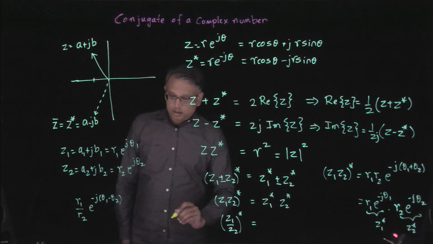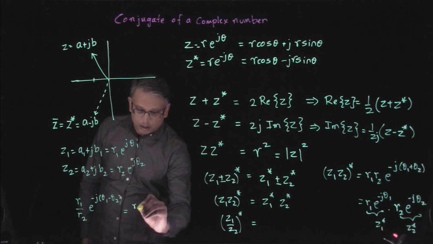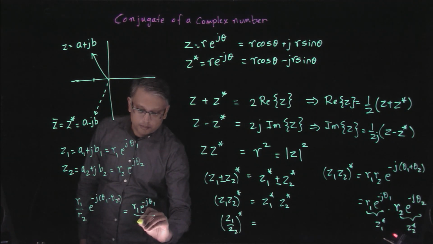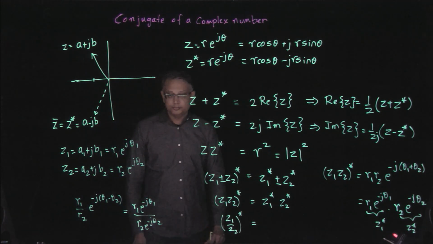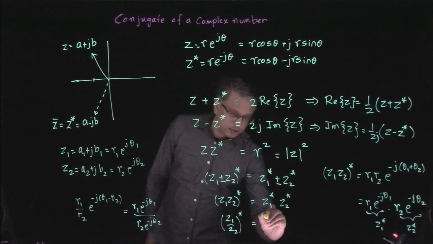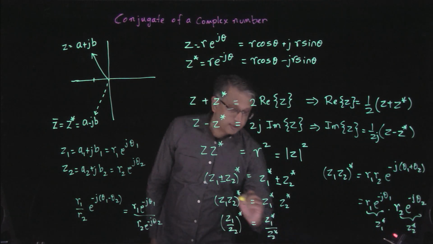Right? Now, indeed, this is equal to R1 times e to the negative j theta 1 divided by R2 times e to the negative j theta 2, which tells you this is indeed Z1 conjugate divided by Z2 conjugate.